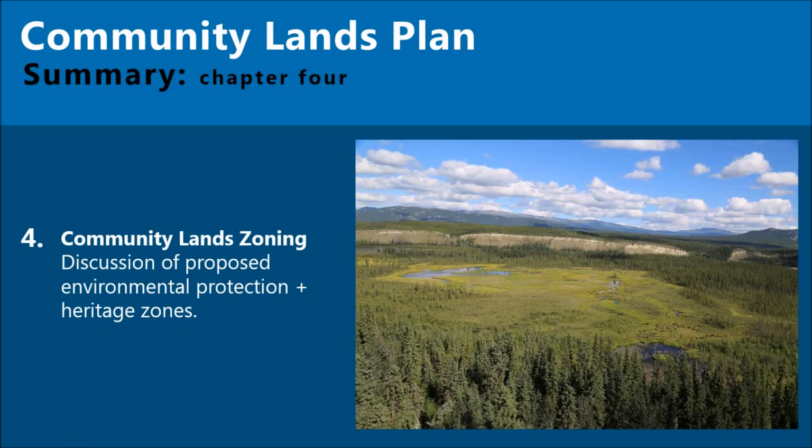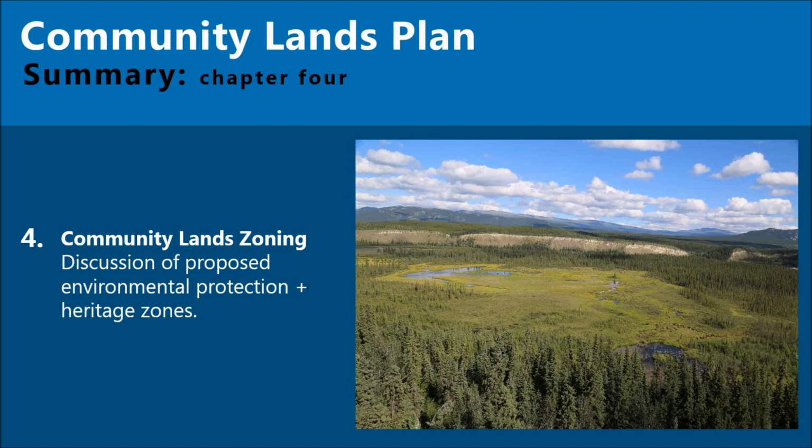Chapter 4 discusses zoning. So within the Kwalndun's land plan, we've proposed that Kwalndun will establish zones. So zones are mechanisms for ensuring that the policies can be carried out. So we're proposing two zones within the lands plan, an environmental protection zone and a heritage zone.